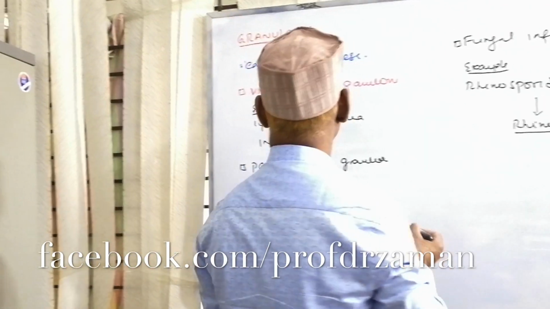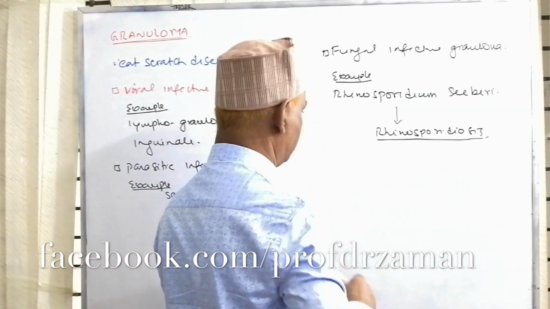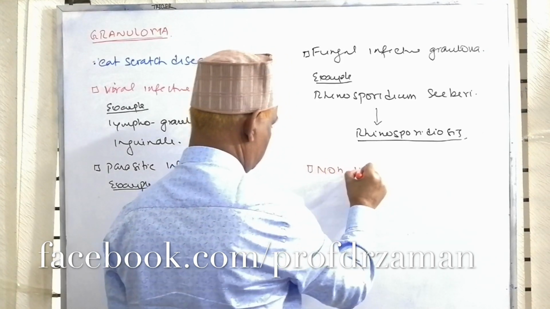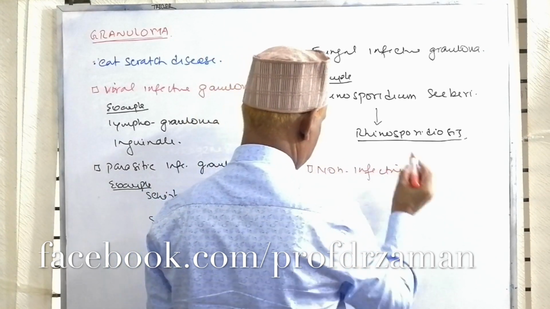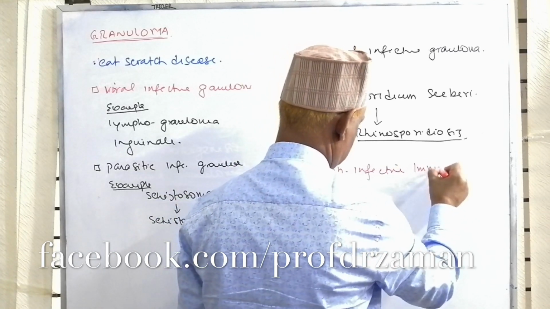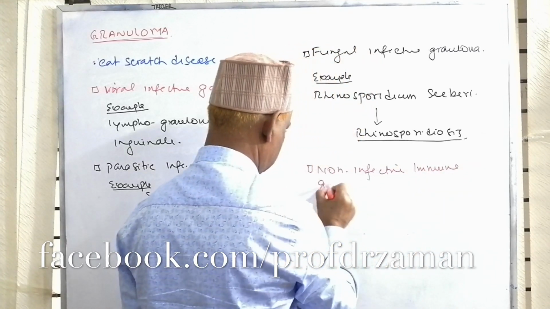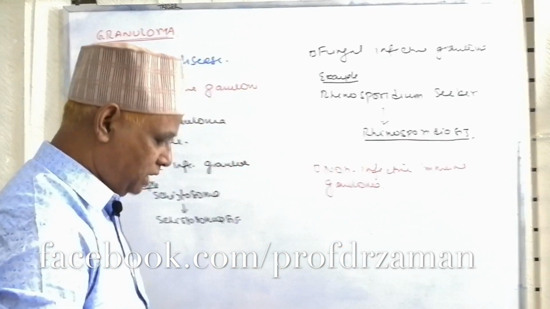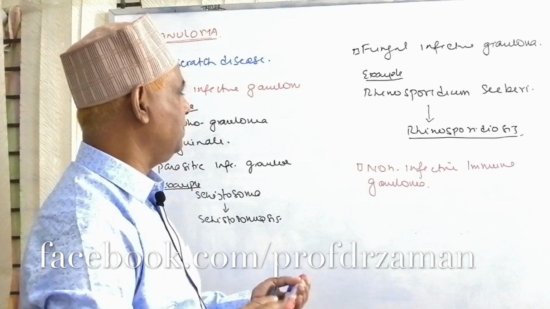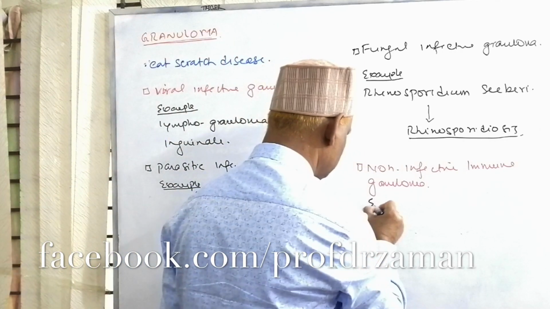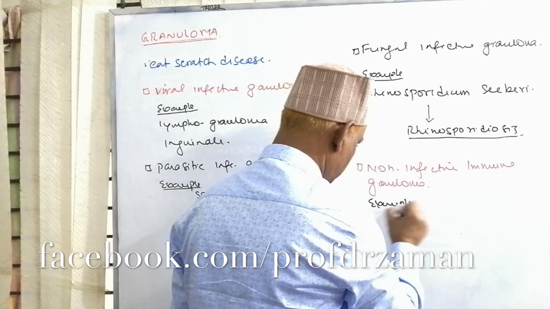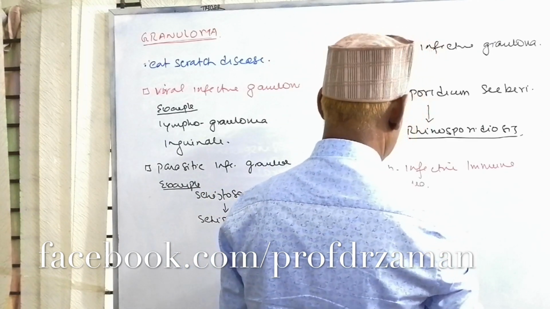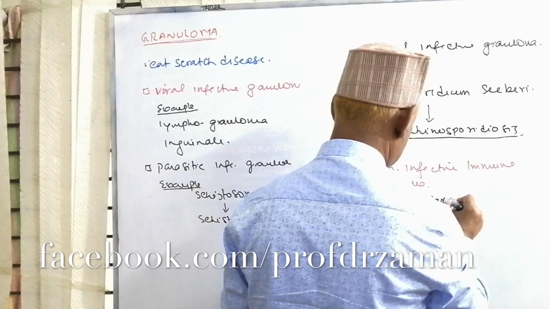Now come to non-infective immune granuloma. An example of non-infective immune granuloma is sarcoidosis.